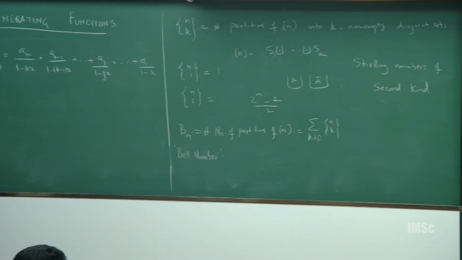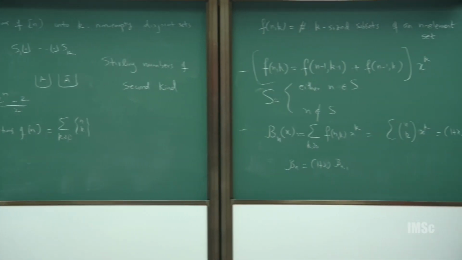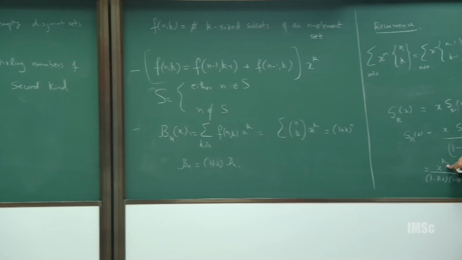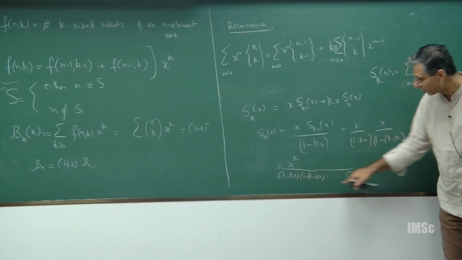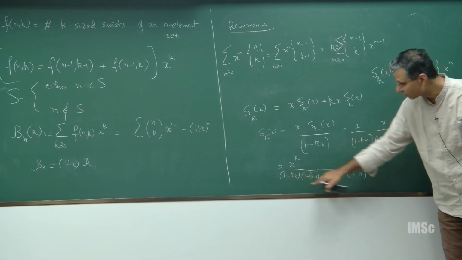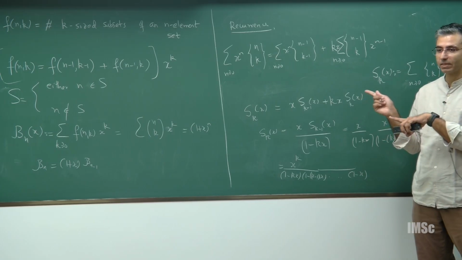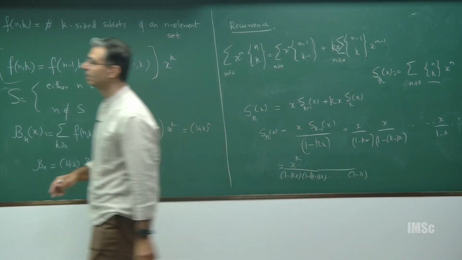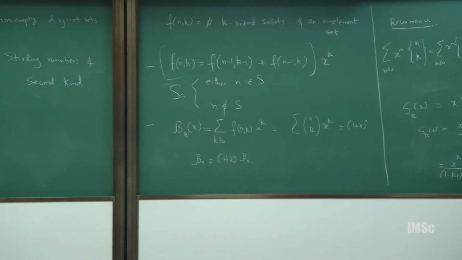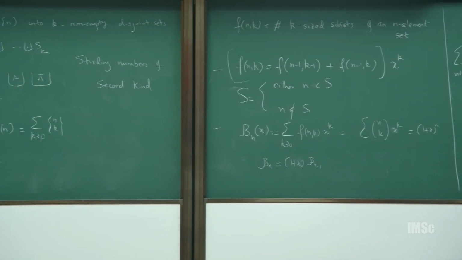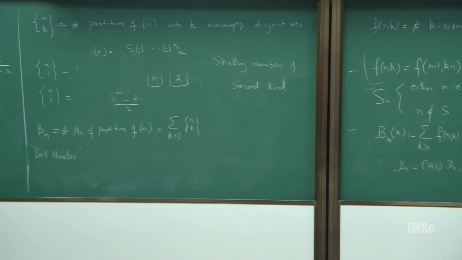There is always a factor of x raised to k there. So if we understand the expression for this ratio, the coefficient of n minus k, then you will have your answer for the Stirling number, right, because x raised to k is always sitting there.